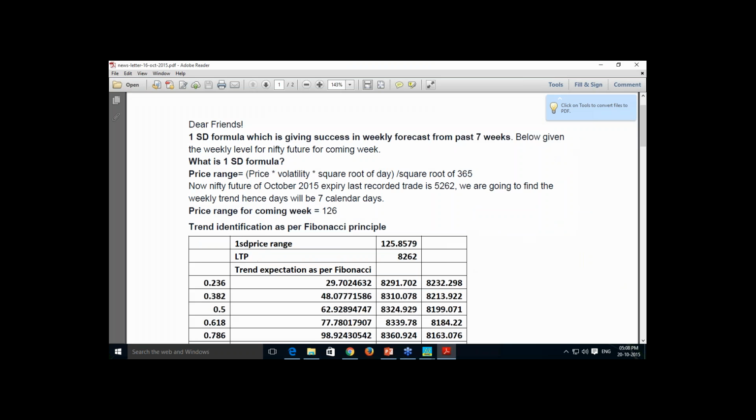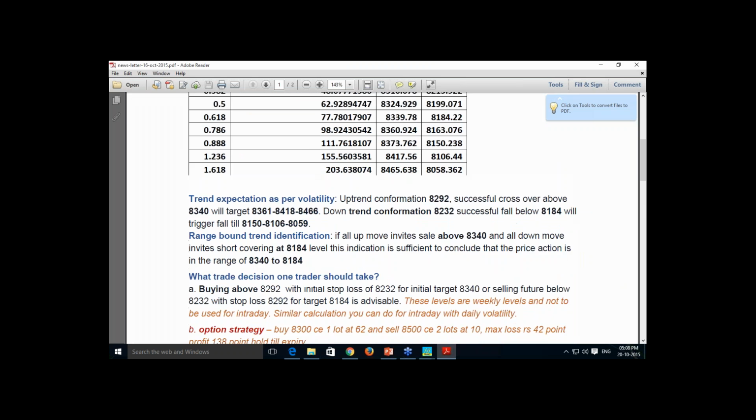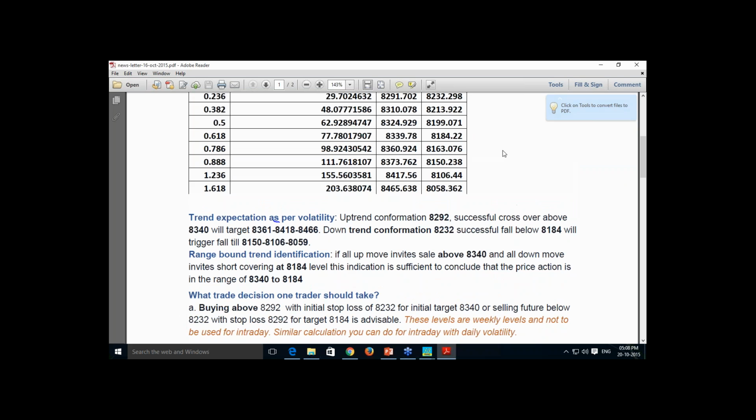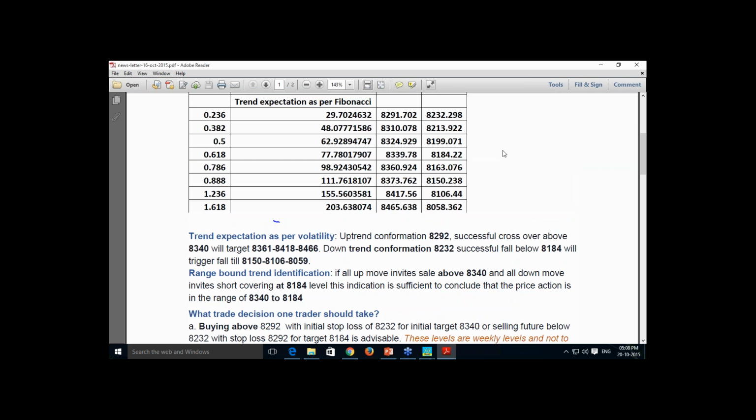If you are going through that newsletter, I used to say that this is a range bound trend identification if the price moves in this particular band. Whenever price fails to cross this 0.618 retracement, either on the upside or the downside, we used to say that this is sufficient cause to say it is a range bound trend.